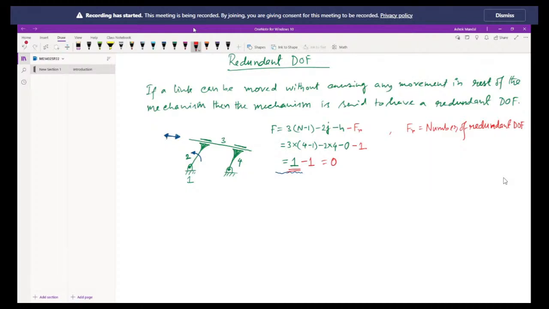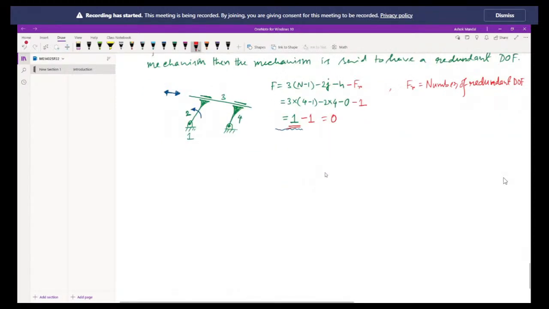Okay, so let us take another example for this case. Right now we have discussed a mechanism which is called a translating cam follower mechanism.